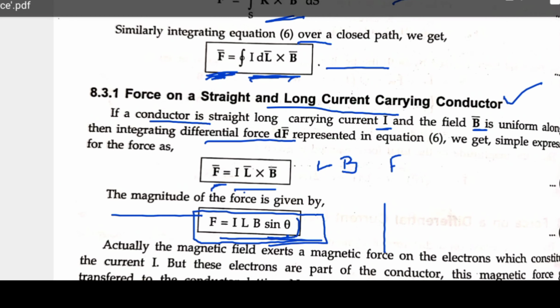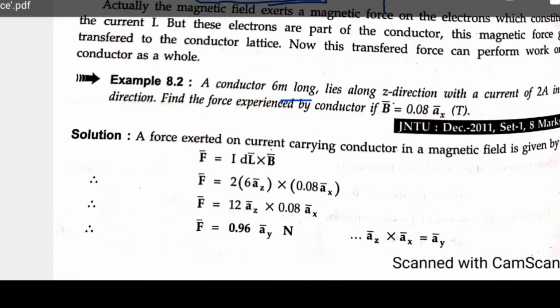Long current carrying conductor. For example, consider a conductor of length 6 meters along the z-axis, carrying a current of 2 amps in the AZ direction. Find the force experienced by that conductor if the flux density is 0.08 AX Tesla.